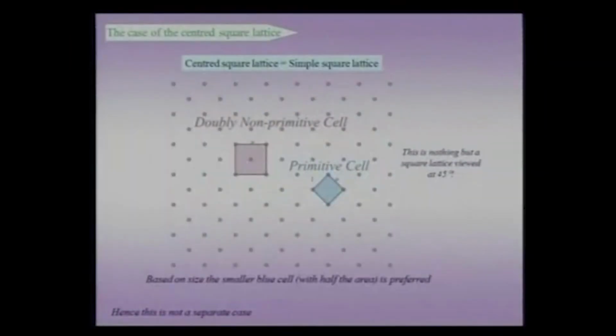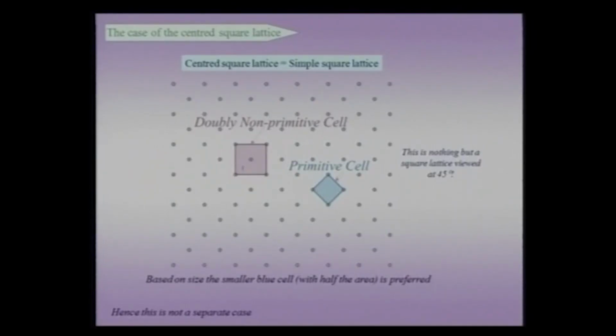When we dealt with the criteria for choice of unit cells, we said that first is symmetry and second is size. And if size and symmetry criteria fail, we would go for some kind of convention. Since the symmetry of these two unit cells is identical, the size factor tells us that we should choose the smaller primitive unit cell.